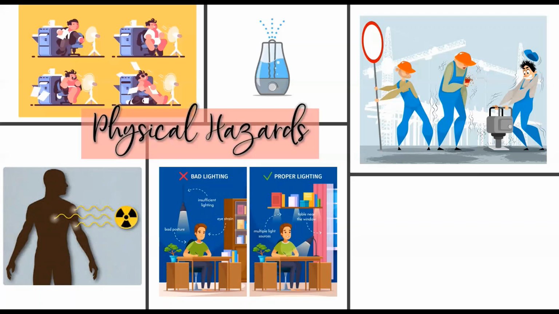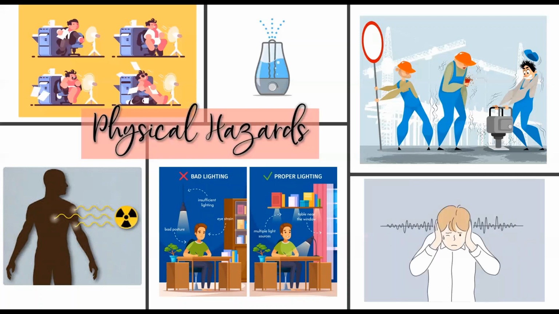Lighting. Siyempre, kahit nga sa mga bahay natin, 'di ba? We are encouraged to work in a well-illuminated environment to avoid eye strain and vision problems. And lastly, noise. Well, basically, noise can be a significant pollutant, 'di ba? And exposure to high levels of noise can cause adverse health effects.